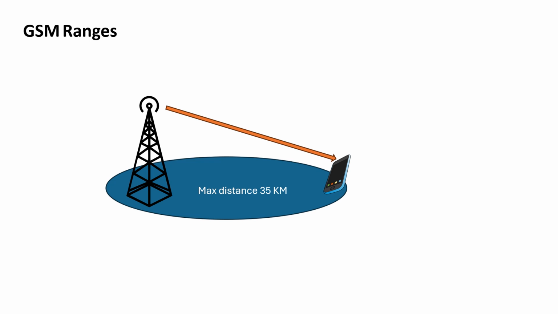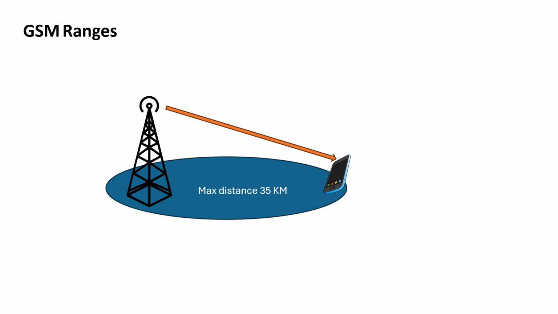Frequency impact. Lower frequency bands, like GSM 900 MHz, can cover larger distances compared to higher frequency bands, like GSM 1800 or GSM 1900 MHz. This is because lower frequencies tend to have better propagation characteristics and can penetrate obstacles more effectively.